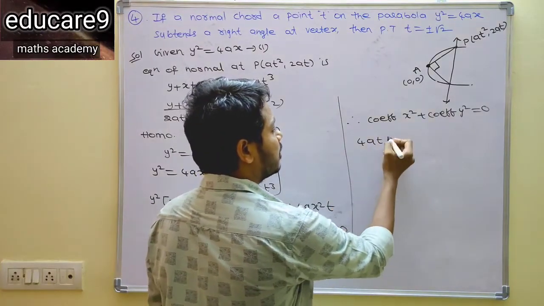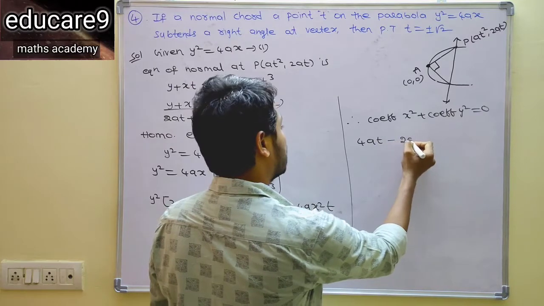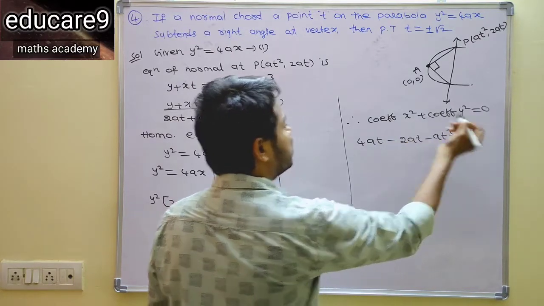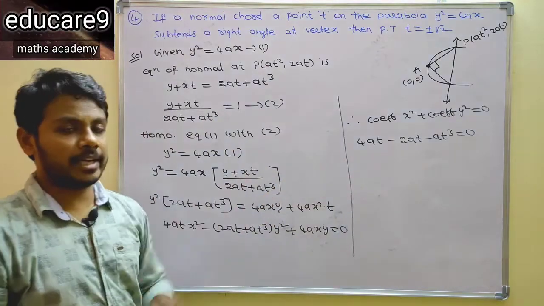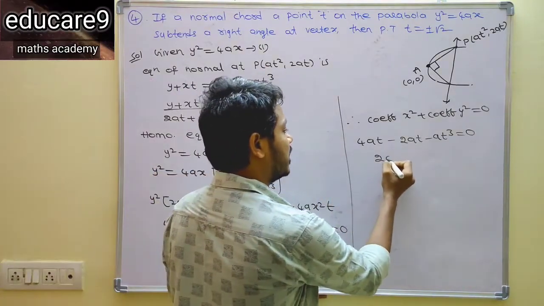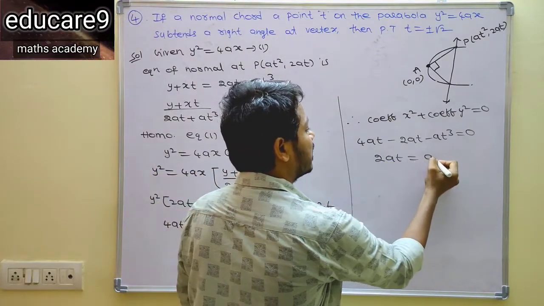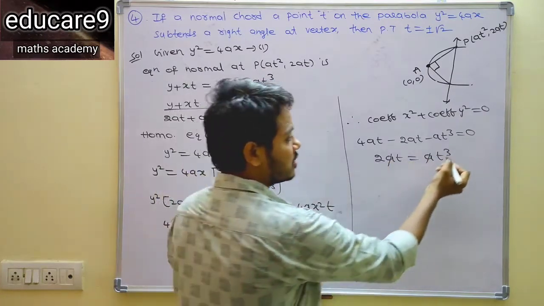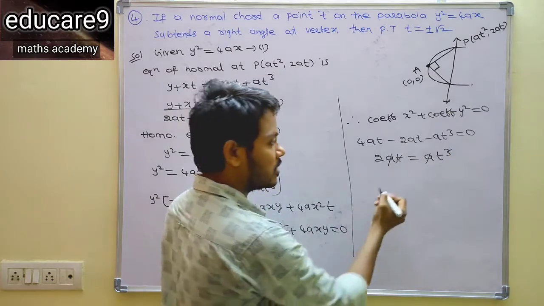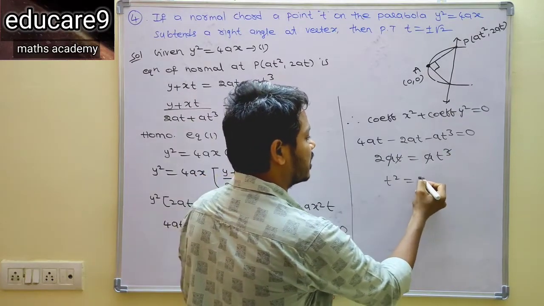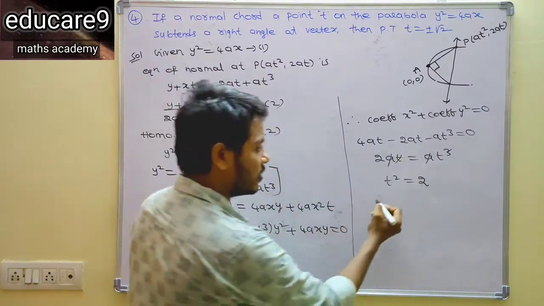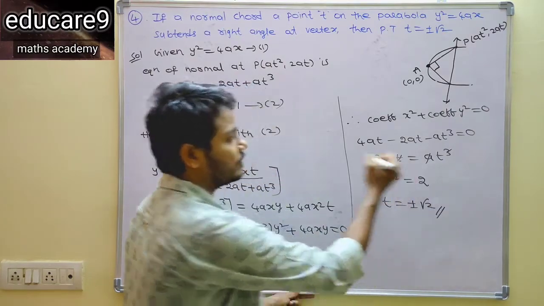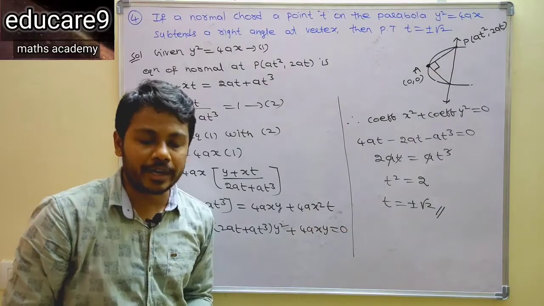So right here, minus 2at minus at cube is equal to 0. So 4at minus 2at, so 2at is equal to at cube. So a cancels, and one t also cancels. So t square is equal to 2. Therefore the value of t is plus or minus root 2. So this is the required condition.